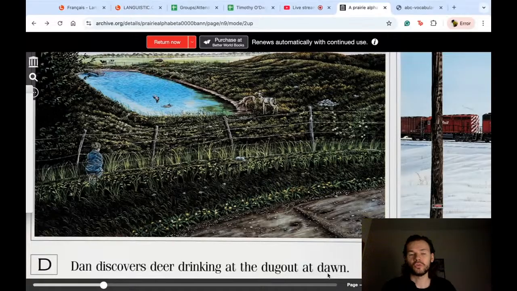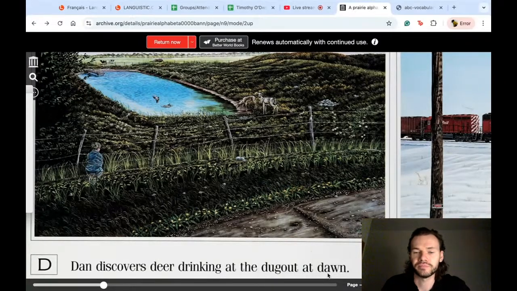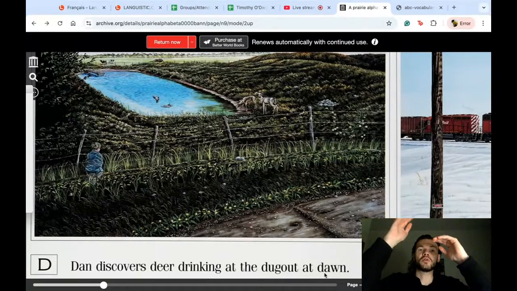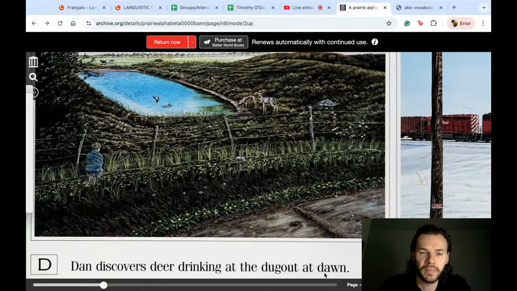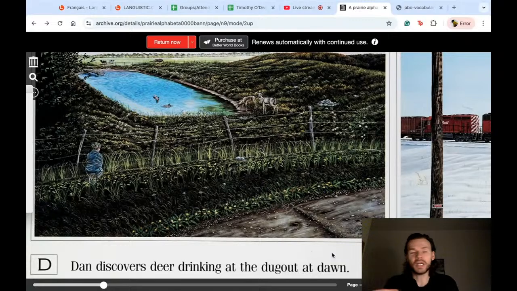Dawn. So dawn, that means really early in the morning, right? So just before sunrise, you have dawn. And the opposite of dawn is called dusk. And dusk is right before the sun sets. Well, dusk is after the sun sets, but before it's totally black, before it's nighttime.